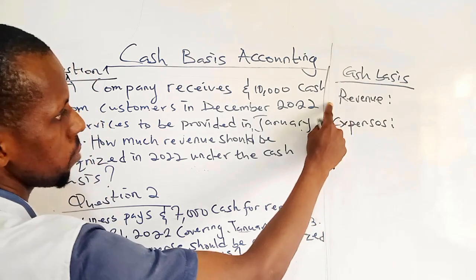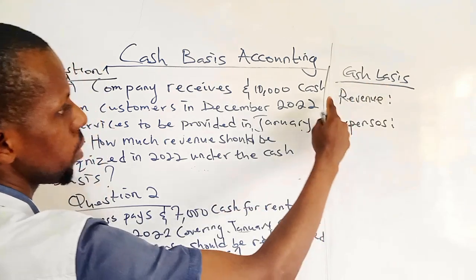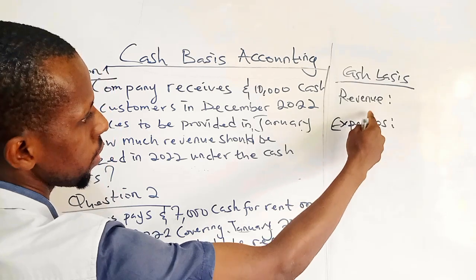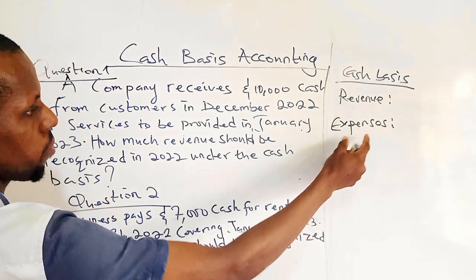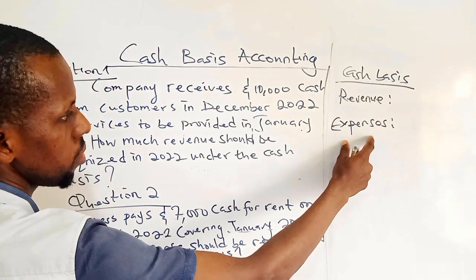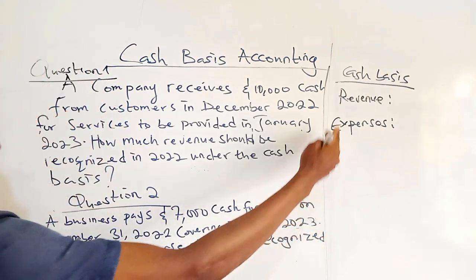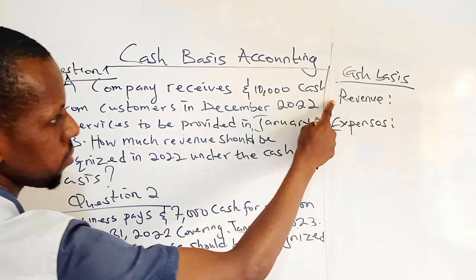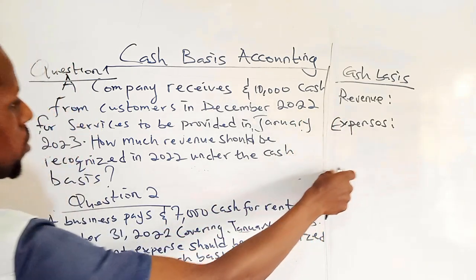For revenue, when cash is received, regardless of when it is earned, and for expenses, when cash payment is made, regardless of when it is incurred. So that's cash basis accounting in respect to revenue and expenses.